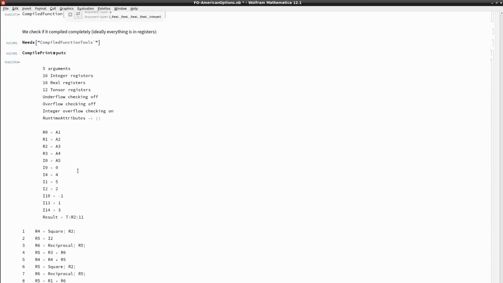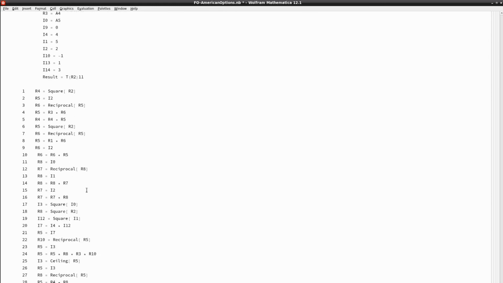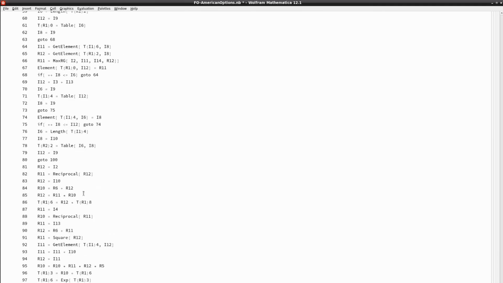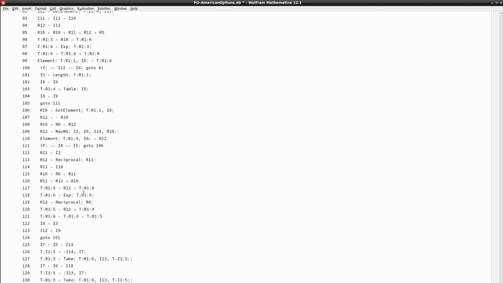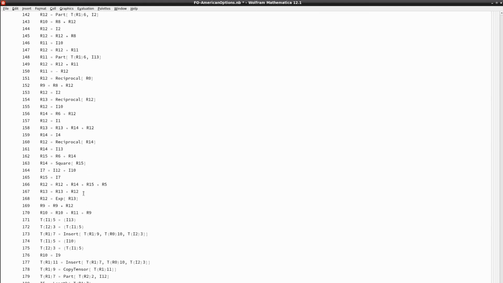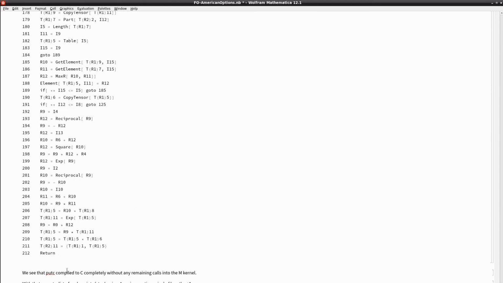We can see that by checking through the whole thing, we never see MainEvaluate. If we needed to go from the machine code back into the Mathematica kernel, we would have a call here that uses MainEvaluate. But we don't have this. We have everything here, these operations on these registers, right?